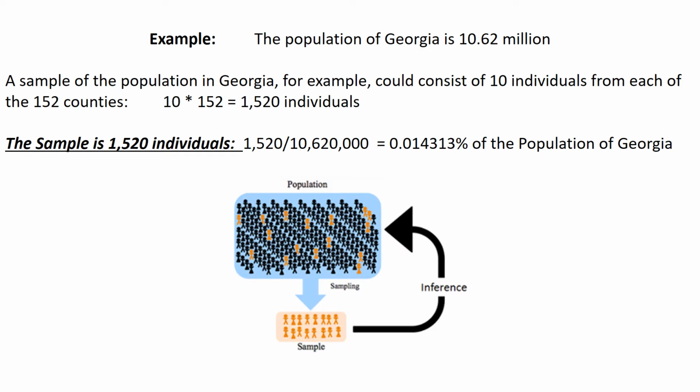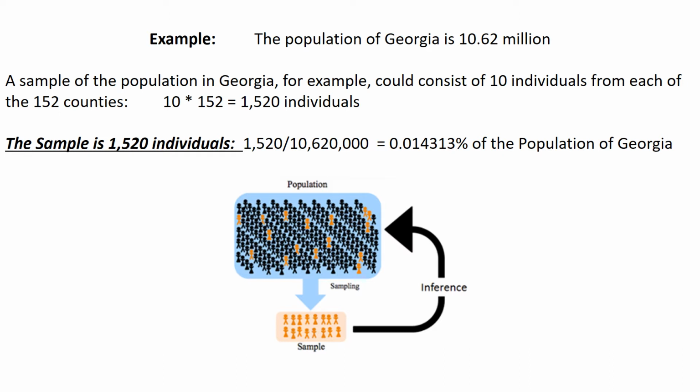Don't worry about the terminology, I'm just giving you, no pun intended, the example here. There are 152 counties in the state of Georgia, more counties than any other state, by the way. I'm going to take 10 individuals from each county as my sample. So 10 individuals from each county times all 152 counties means there are 1,520 individuals.